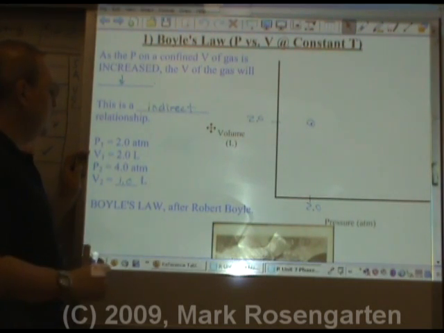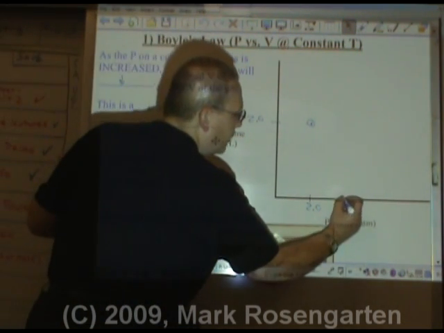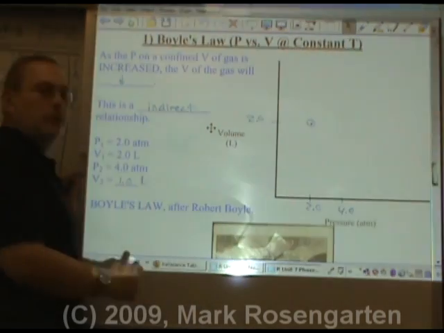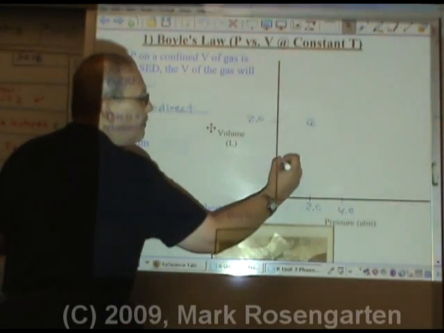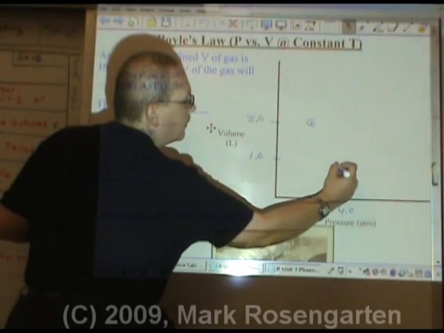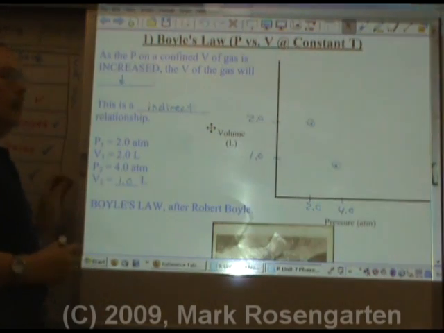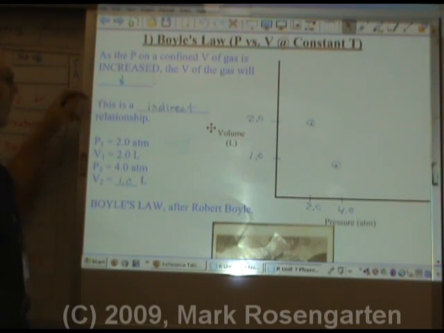So in other words, if the new pressure is 4.0 atmospheres, the new volume will be 1.0 liters. This is your indirect relationship. If you double the pressure, the volume will be cut in half. Now, if we cut the pressure in half to 1 atmosphere, the volume will double to 4 liters.